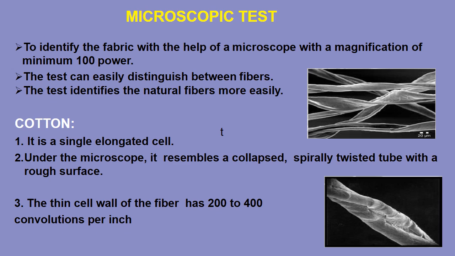In the photograph at the top, we can see a synthetic fiber, whereas at the bottom we can see the spirally twisted tube-like structure in the case of cotton. The thin cell wall of the fiber has 200 to 400 convolutions per inch. So on the outer surface or cell wall, we can see the convolutions in large number. This is the typical characteristic of cotton fiber under the microscope.